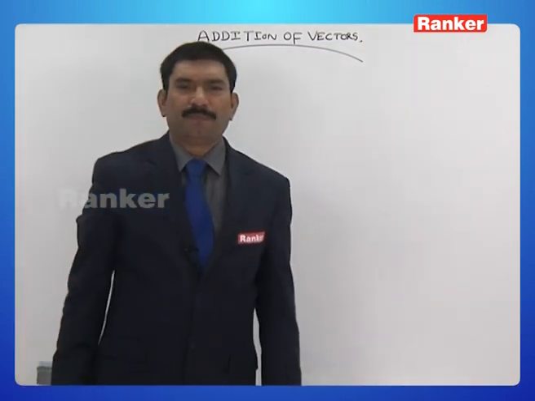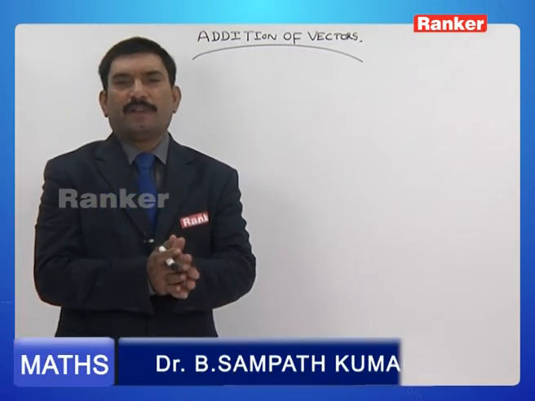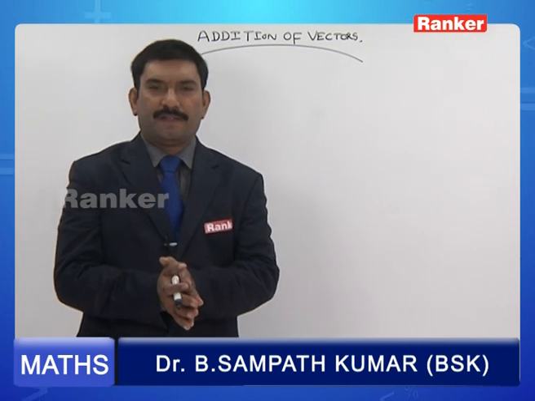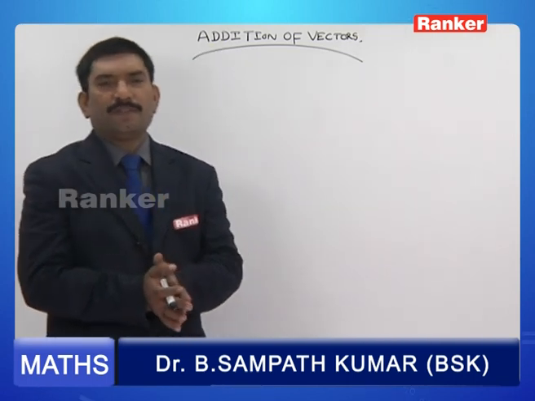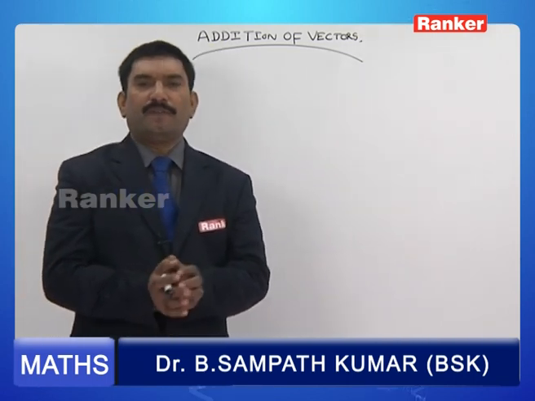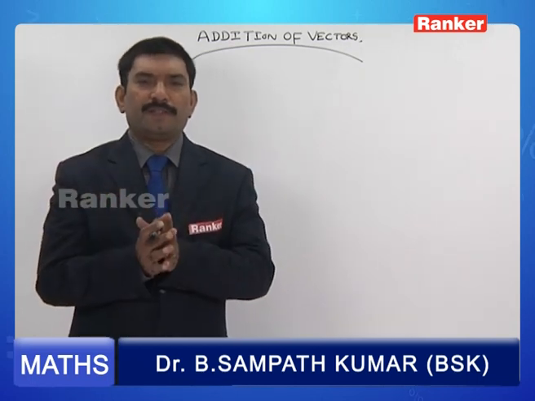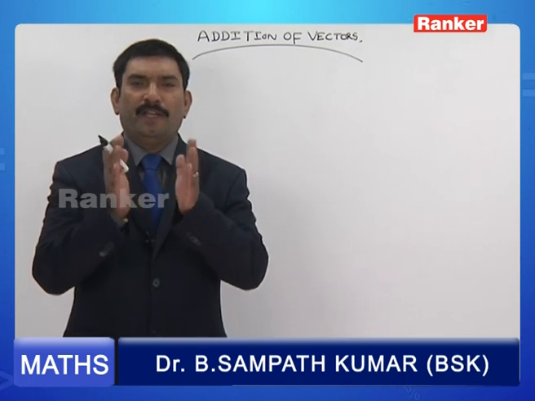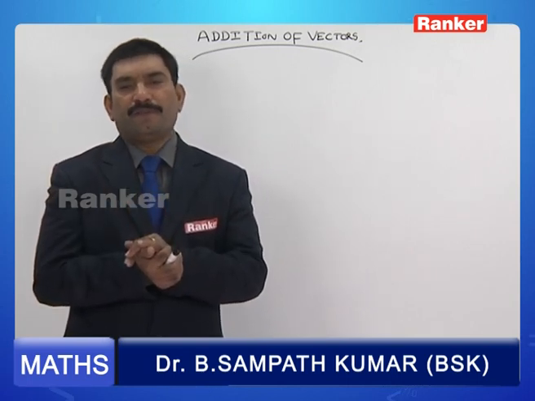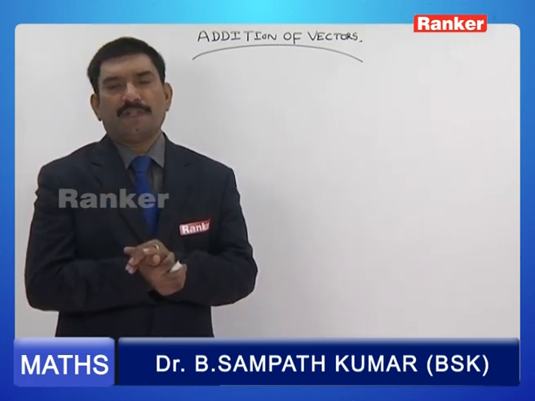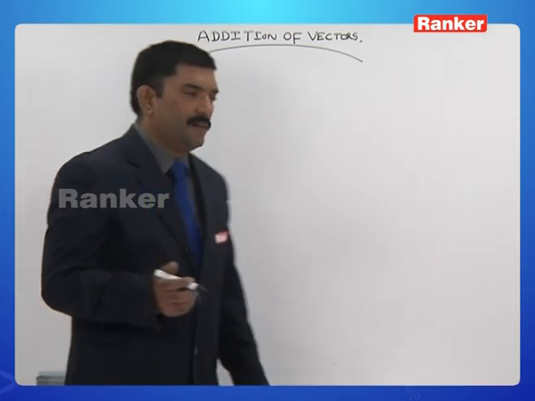My dear students, we discussed in the last class the addition of vectors. So what is addition of vectors? Addition of any two vectors A bar and B bar is defined only when the terminal point of the first vector coincides with the initial point of the second vector.